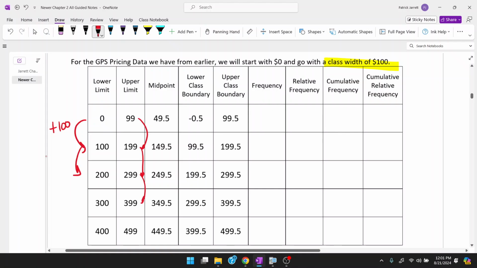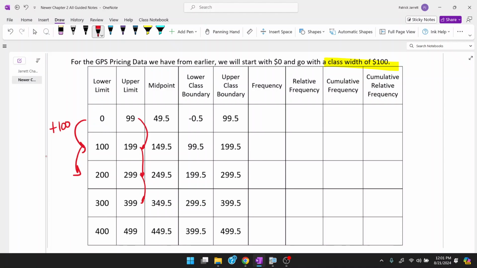Now, there's a slight difference between lower and upper limits and lower and upper class boundaries. To go from the lower limit to the lower class boundary, you're subtracting a half, or 0.5. To go from the upper limit to the upper class boundary, you're adding 0.5.